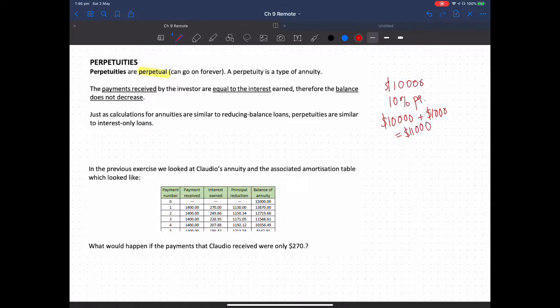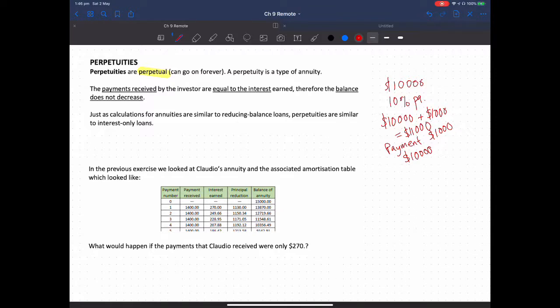If you then gave a payment of $1,000, that payment is equal to the interest earned, then you would be back to $10,000, the place where you started off with.